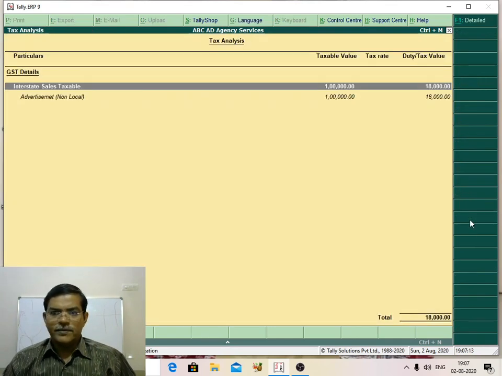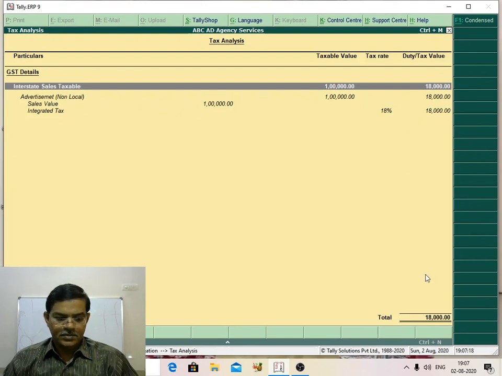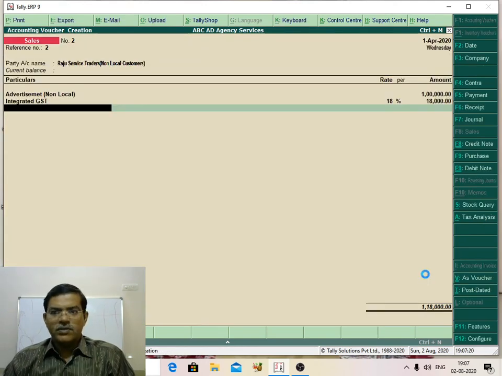If you want to check, you can check the details, and the tax rate is a single tax of 18%. So like this we can save the screen.